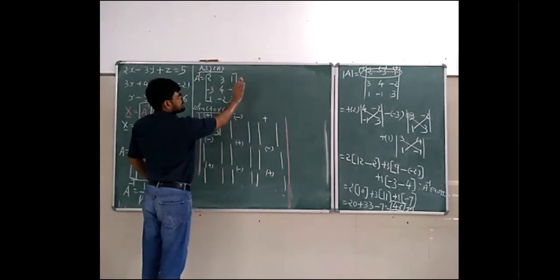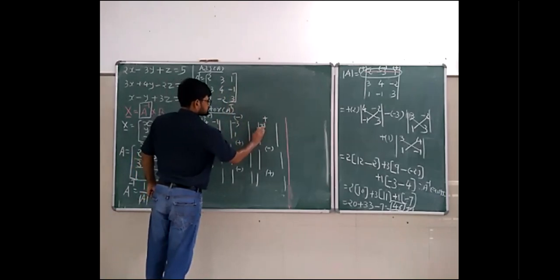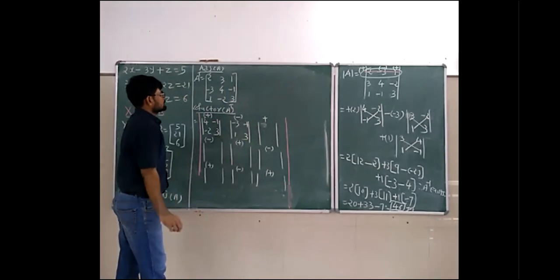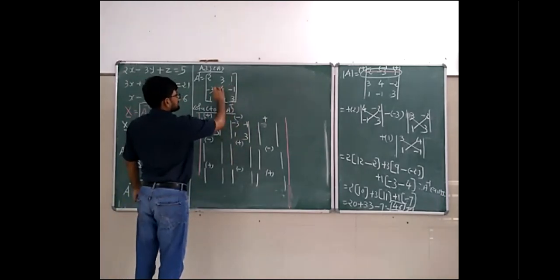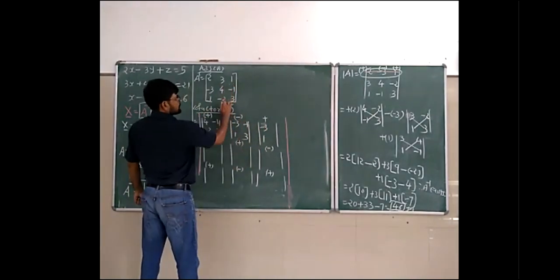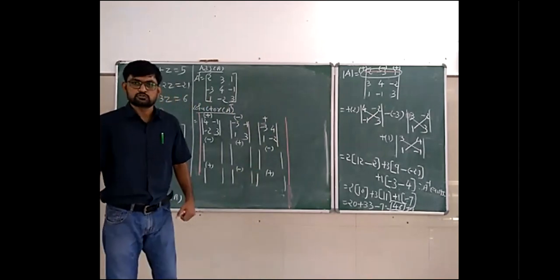It is already deleted. So the elements are minus 3, 1, minus 1, 3. Then cancel the third column. So minus 3, 1 and 4, minus 2. This is it for the first row.